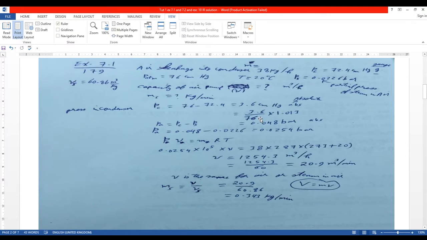Why do we have this? Because 76 centimeter mercury is equivalent to 1.013 bar. From where do we get this relation? From the relation P equals rho g h. Pressure in Pascal equals rho, density in kilogram per meter cubed, which for mercury is 13,600, times the gravity g 9.81 meter per second squared, times the height, which if it is 76 centimeter, means 0.76 meter.